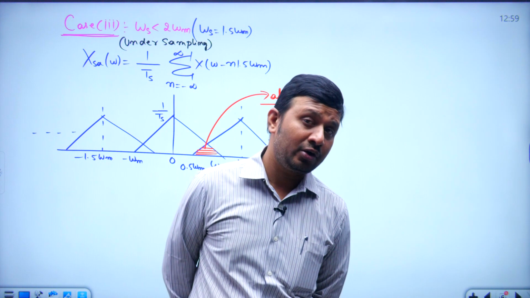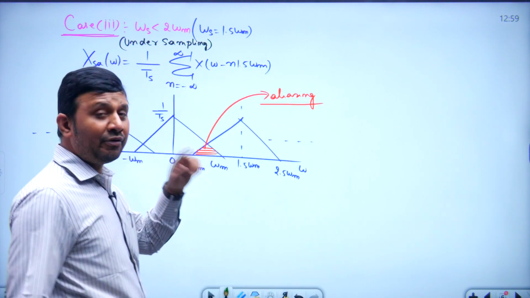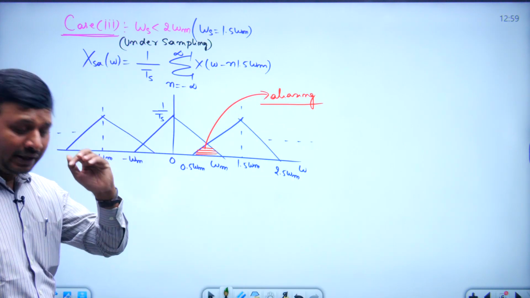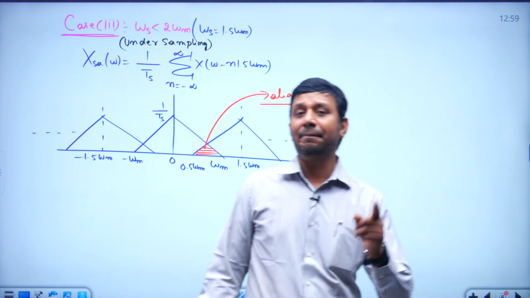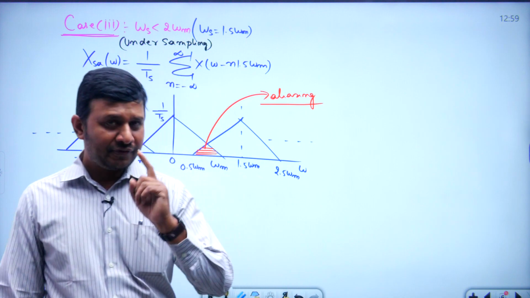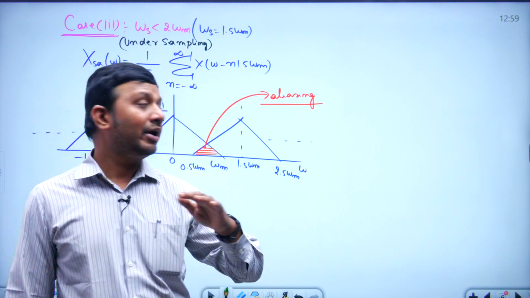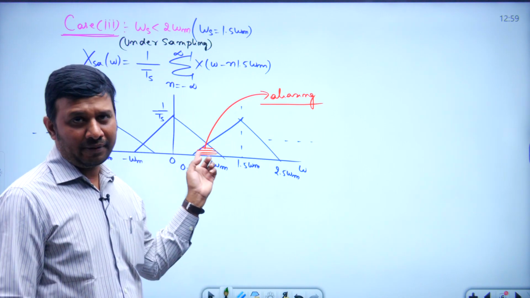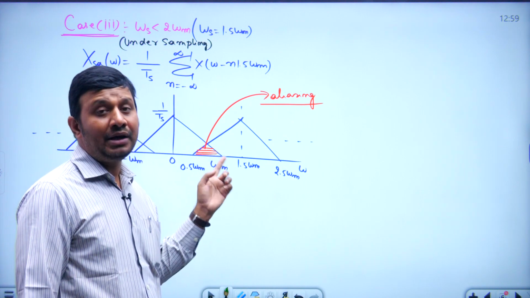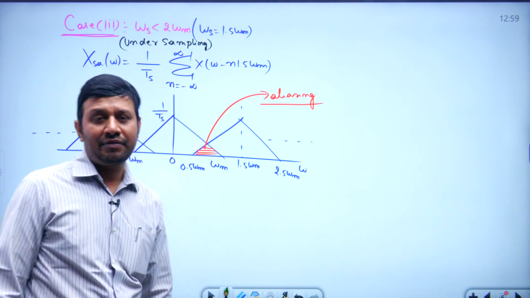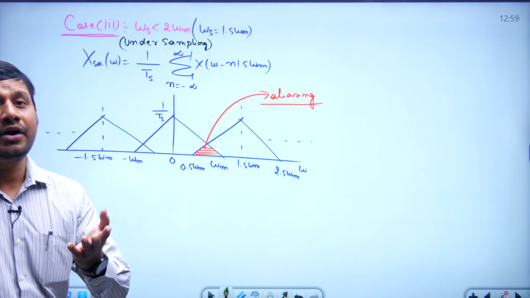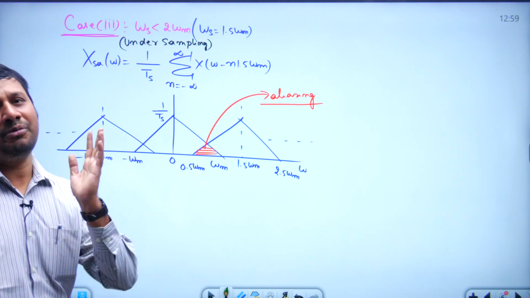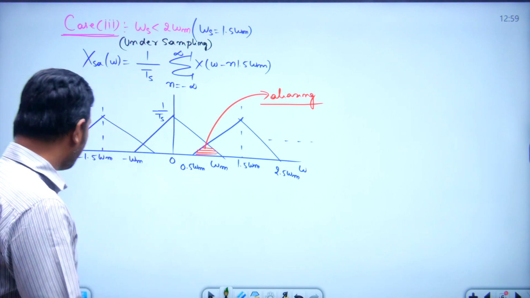Periodical repetitions in what domain? Frequency domain, and we are sampling in time domain. The statement we can give here is that if you sample a signal in time domain, periodical repetition will occur in frequency domain, and if you sample a signal in frequency domain, periodical repetition will occur in time domain. Okay, that is the first point.